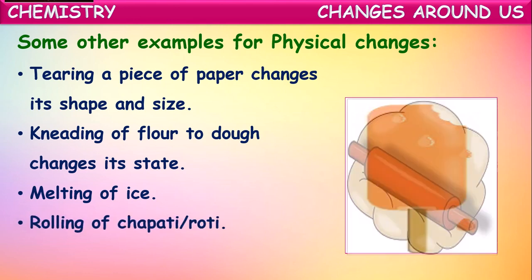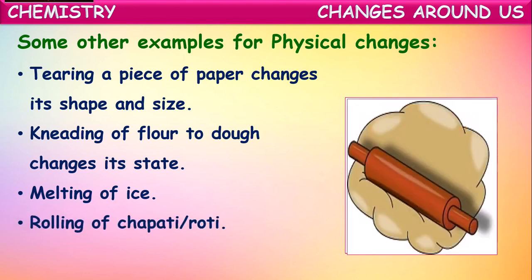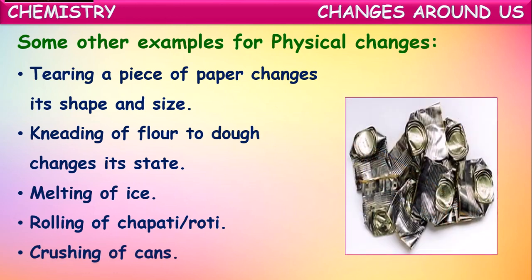Next one, rolling of roti or chapati. Then also it changes its shape, but no new substance is formed. Okay. Next, crushing of iron tins or cans. The cold drink tins or cans, after finishing, if we crush them, what happens?